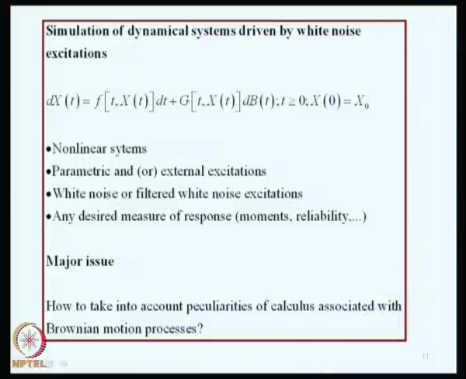If they are filtered white noise excitations, the state variables associated with these filters get augmented with the system states, and x of t in this case represents an extended vector, and we could deal with any desired measure of response like moments, autocovariance, power spectral density, first passage time, extreme value, and so on and so forth. Now, what is the major issue? The major issue here is how to take into account peculiarities of calculus associated with Brownian motion processes.